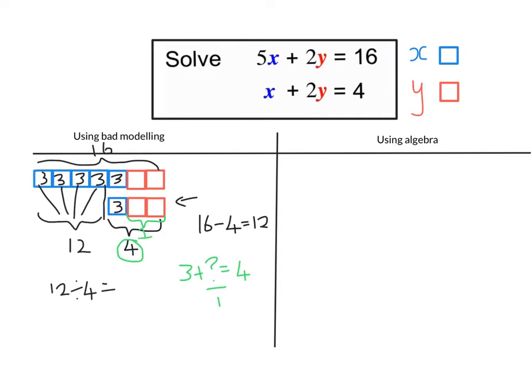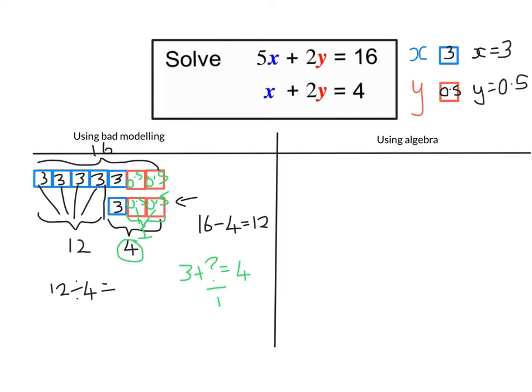So I need to do 1 divided by 2, which is going to be 0.5. Each of the red boxes would therefore be 0.5. So I found out that a blue box actually represents 3, so x is 3, and a red box actually represents 0.5, so y is 0.5.